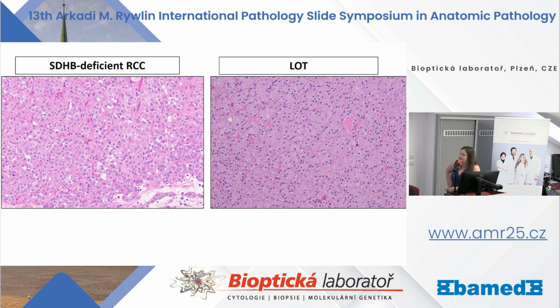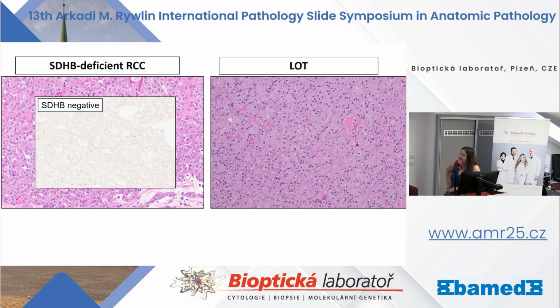The last entity in the differential diagnosis, well, it is not last, but the main differential diagnosis is SDHB deficient renal cell carcinoma. The morphology of the cytoplasm is a little bit different in these two tumors. However, again, it is in the pink group. If you need help, please use immunohistochemistry. SDHB is typically negative in SDHB deficient renal cell carcinoma, however, please remember that there can be only a decrease of intensity of SDHB in the tumor.